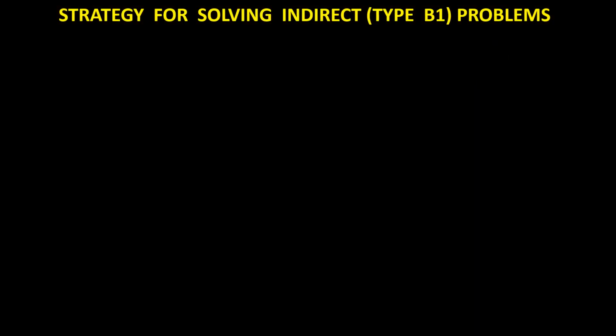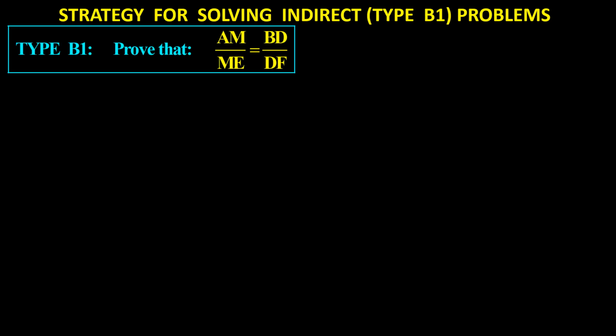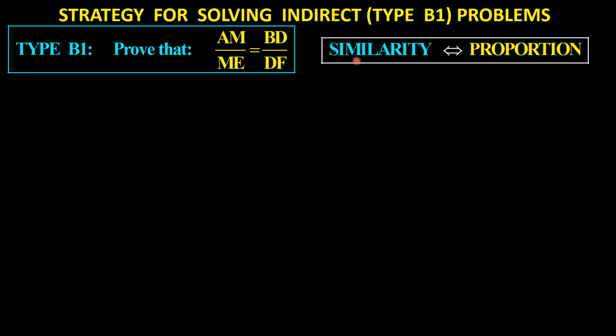Now I want to share with you a strategy for solving indirect problems. Let's take the first type of problem here. We want to prove this proportion, right? Now, what is key to remember is that if triangles are similar, then it implies their corresponding sides are in proportion. So if I want to show that these corresponding sides are in proportion, I need to first of all show that the two triangles are similar.